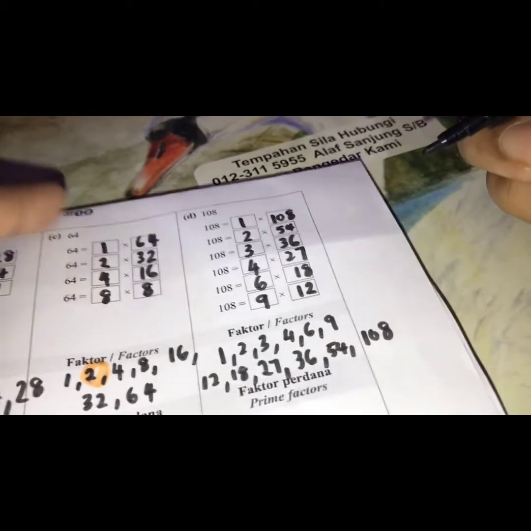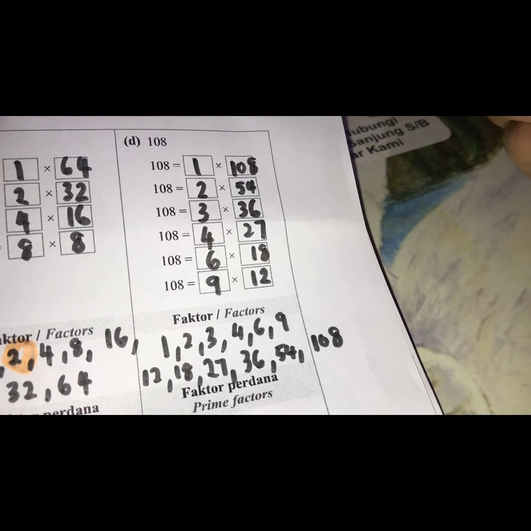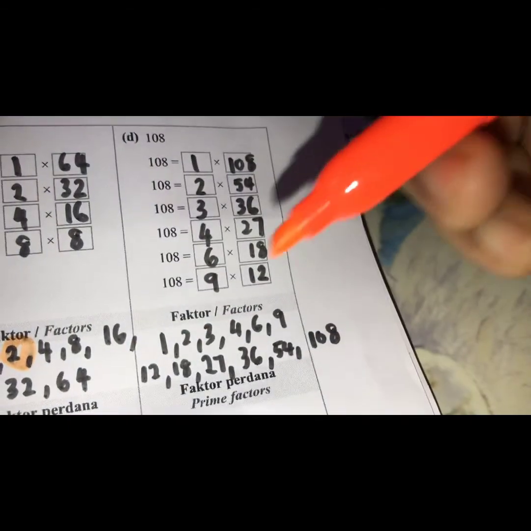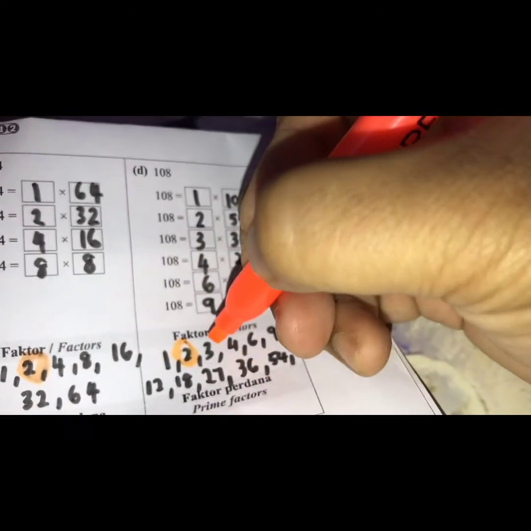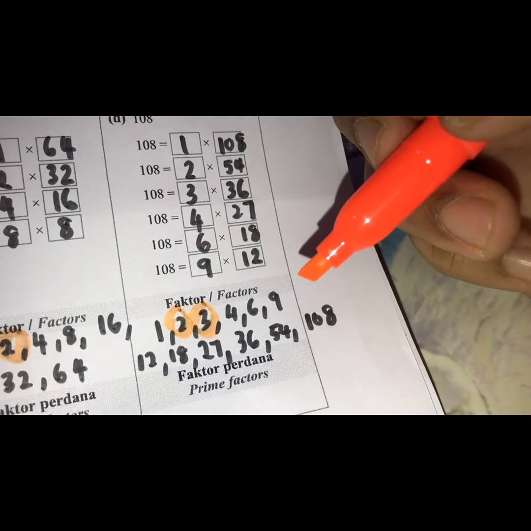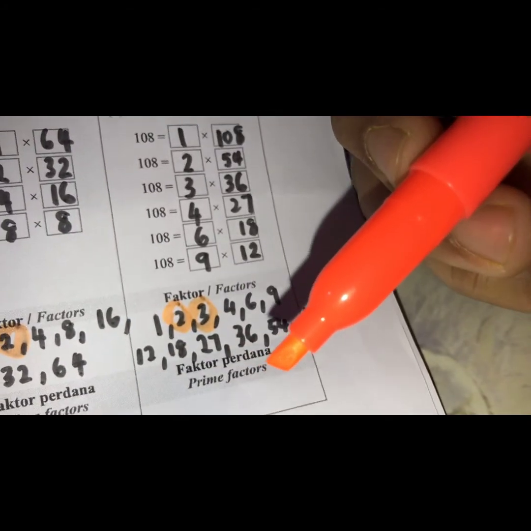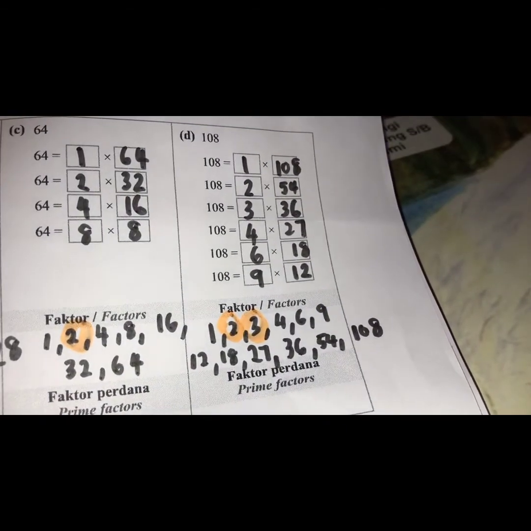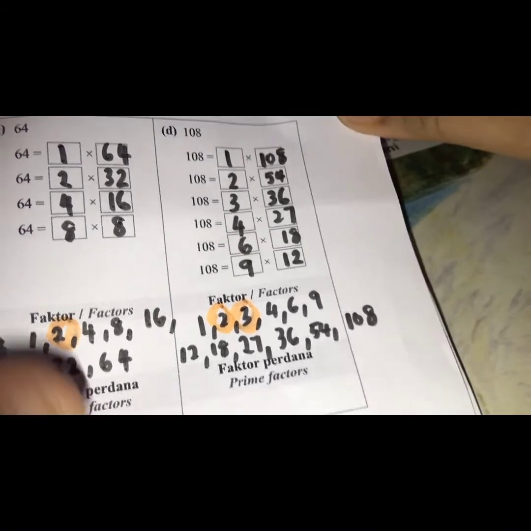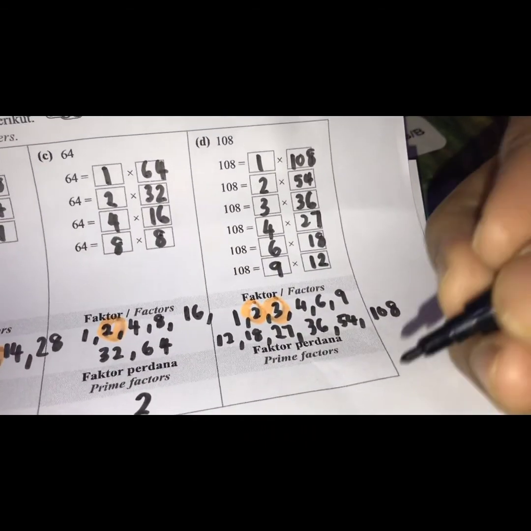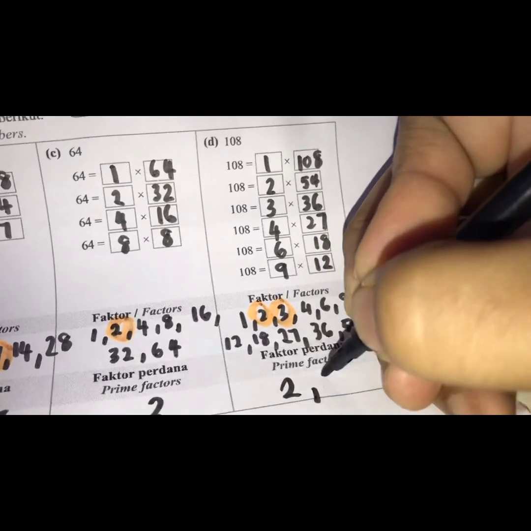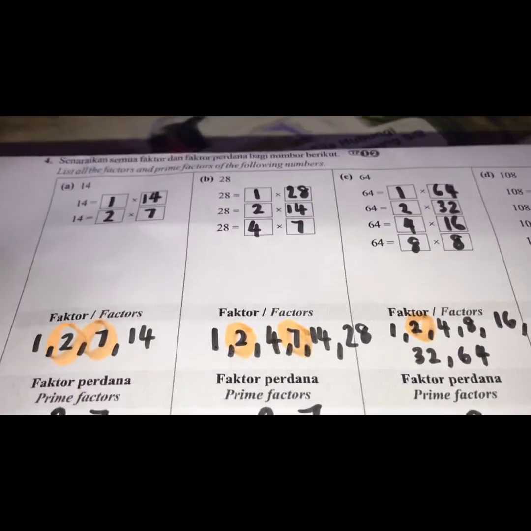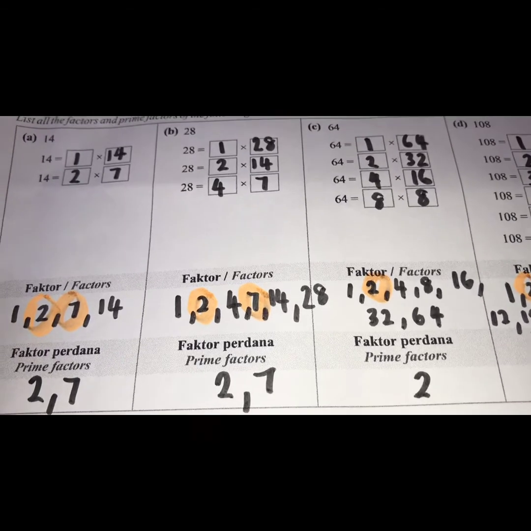After you list all the factors, identify from the list which ones are prime numbers. 1 is not prime, 2 is prime, 3 is prime, 4, 6, 9, 12, 18, 27, 36, 54, 108 are all not prime. So the prime factors of 108 equal 2 and 3 only. This is the answer for question 4, page 24.